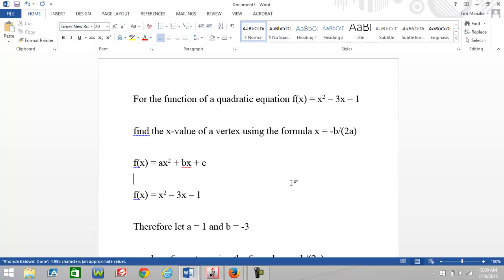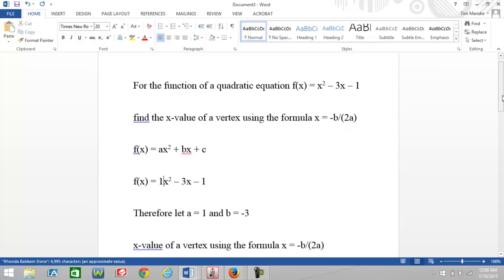Now in the example that we have here, we need to identify the a and b values. The coefficient in front of the x squared is 1. The coefficient in front of the x is negative 3. So we'll let a equal 1 and b equal negative 3.